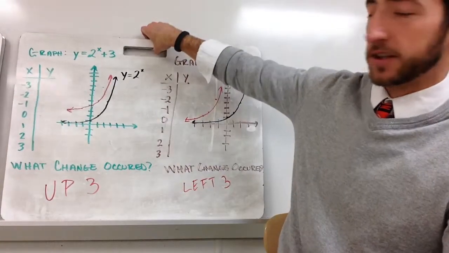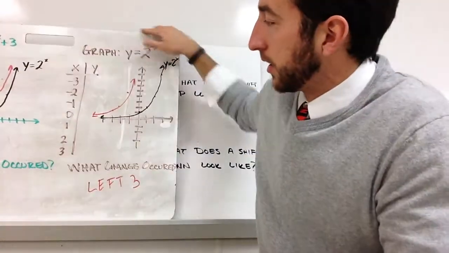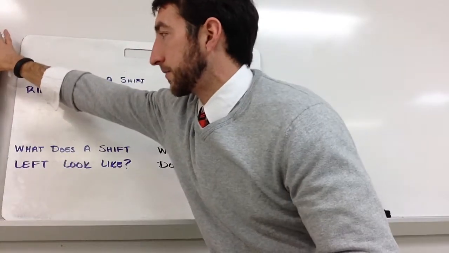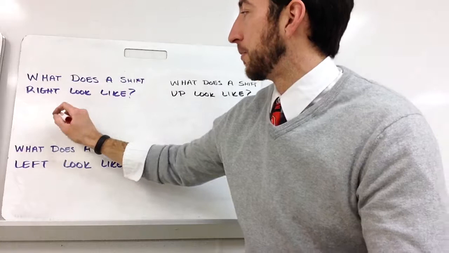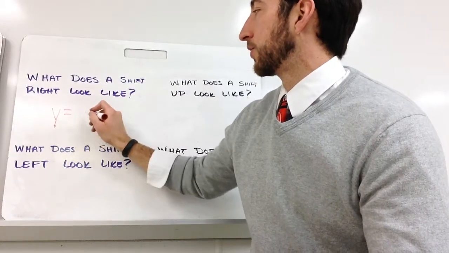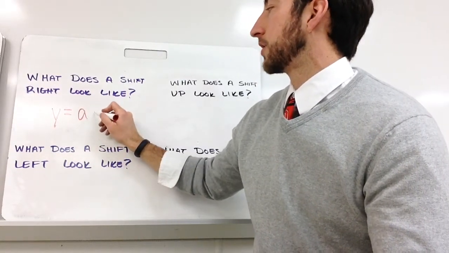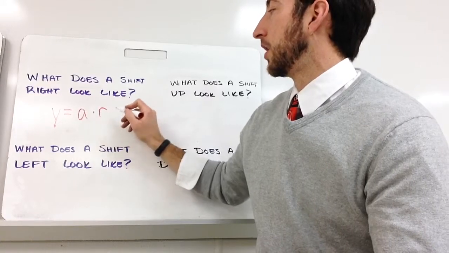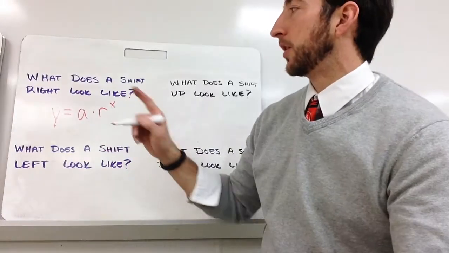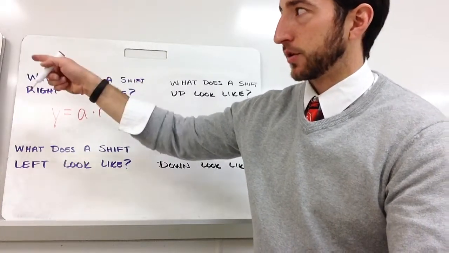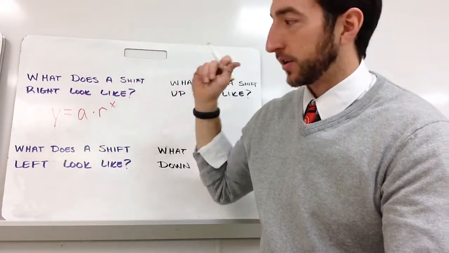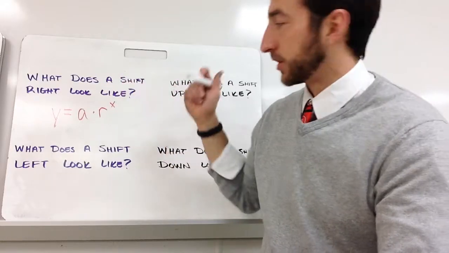So let's get some generalizations for my graphs. I think about my original equation, y equals a times r to the x power. But remember, the last one we added 3 and it went 3 to the left, and whenever I subtracted it went to the right.